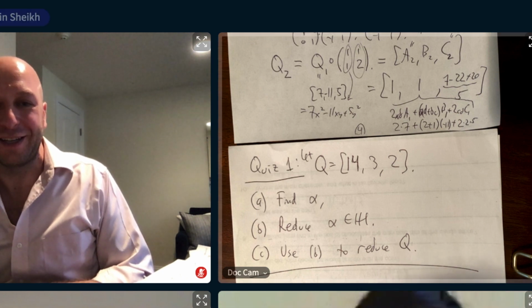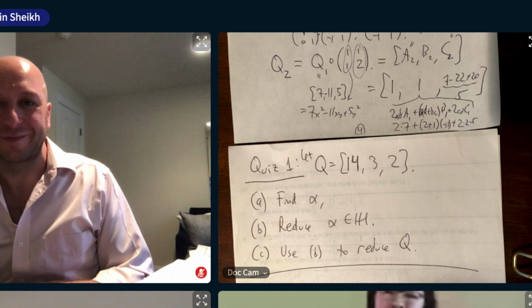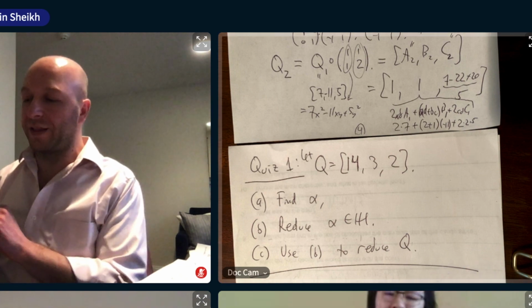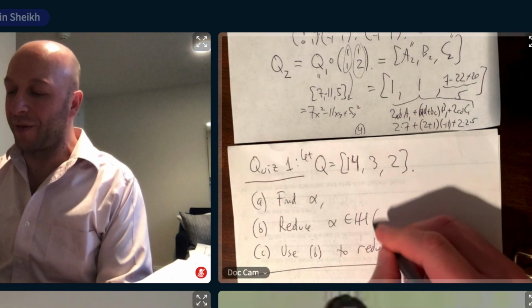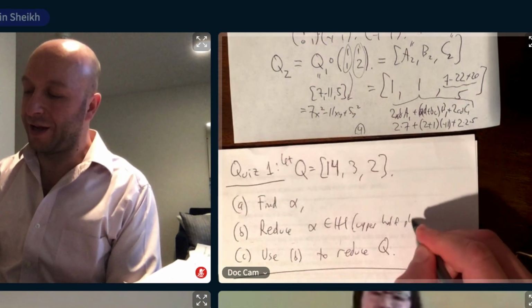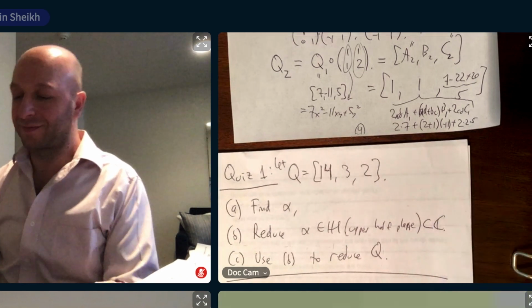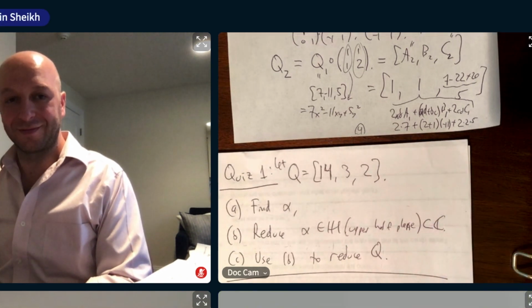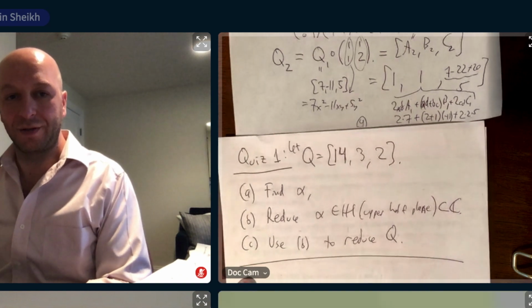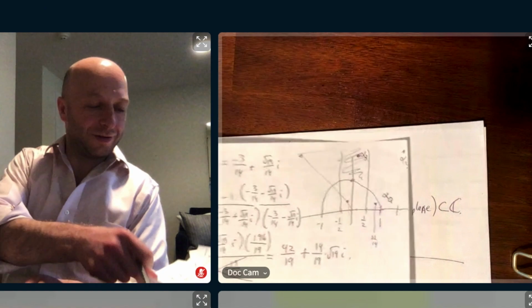So for part B, you're saying reduce alpha into something. What is that? This H is a bold H, the upper half plane. This is just a subset of the complex plane. Daniel, you were writing a question? In other words, do exactly what we just did.